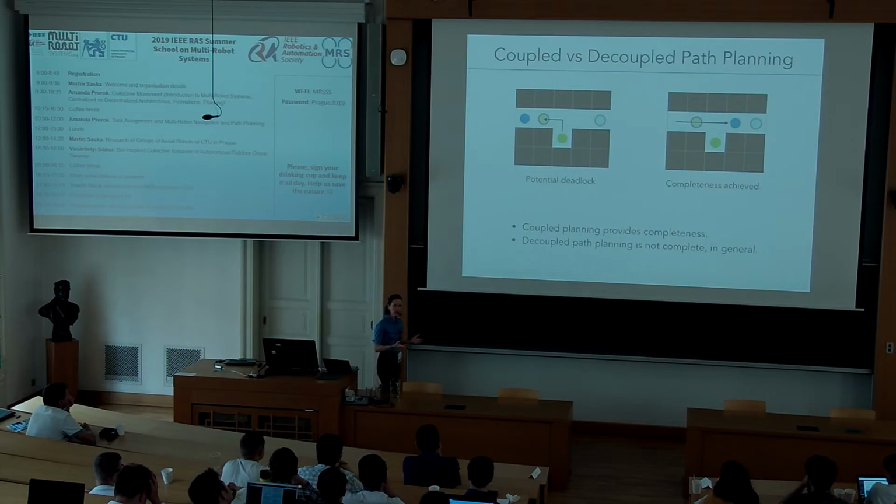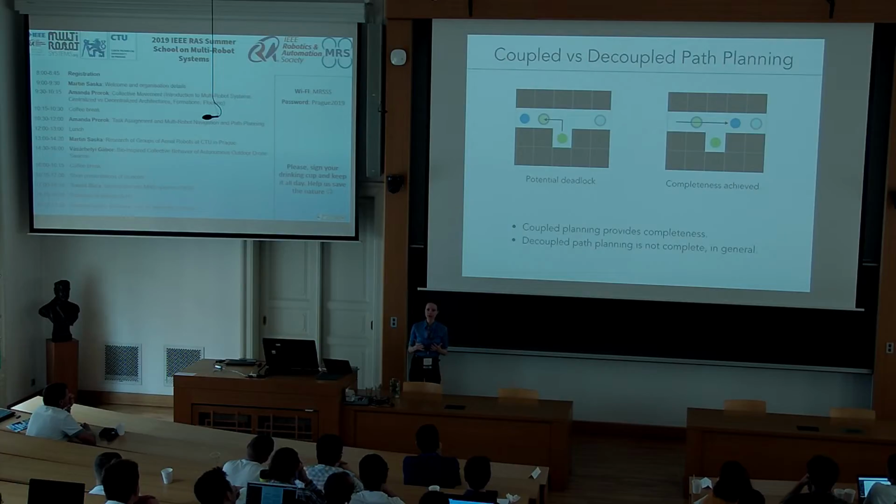Formally, what this means is the completeness of the algorithm is not satisfied. And this is a very bad thing for problems that require completeness, right? So this would be an unacceptable solution for many real-world applications, as, for example, product dispatch in warehouses, right?